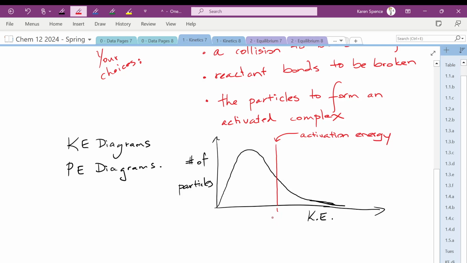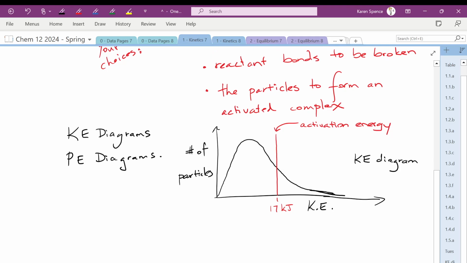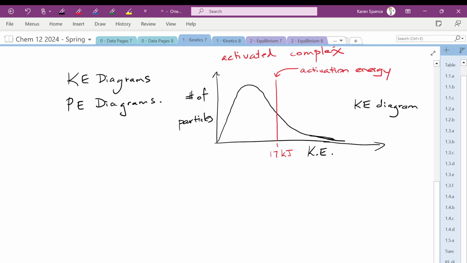And let's just say that that value is 17 kilojoules, okay? Just for argument's sake. So that's our kinetic energy diagram. Now, if we now want to draw a potential energy diagram, what goes on the y-axis?